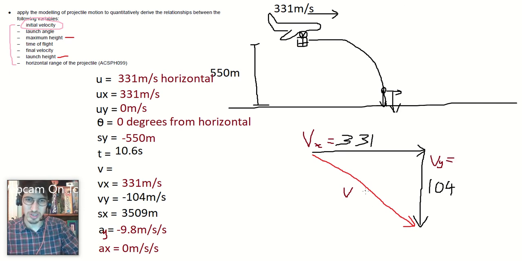So it's going to be velocity squared equals velocity x squared plus velocity y squared. So we can say final velocity is going to be equal to the square root. Taking some shortcuts, it started off as v squared, and I'm cancelling out that squared to put this square root in here. V equals the square root of vx squared plus vy squared.